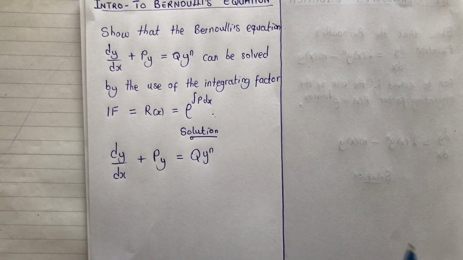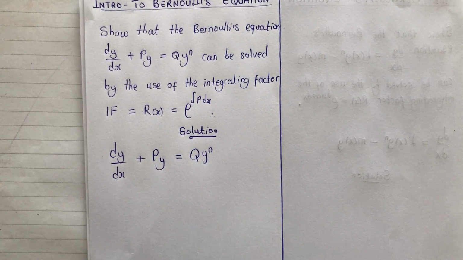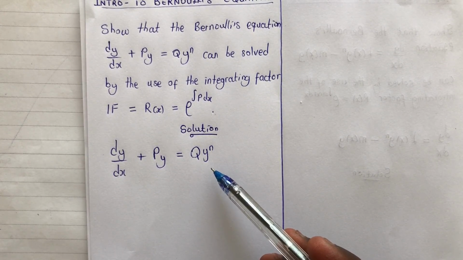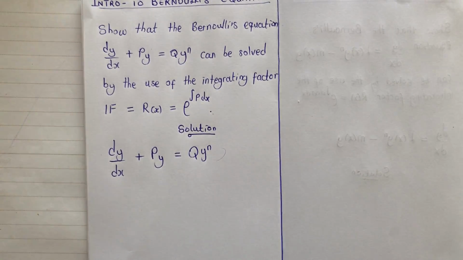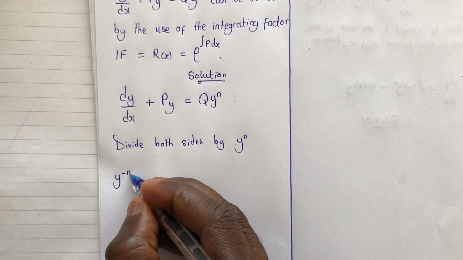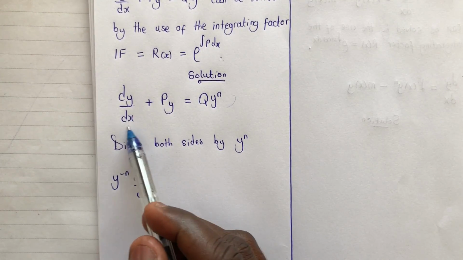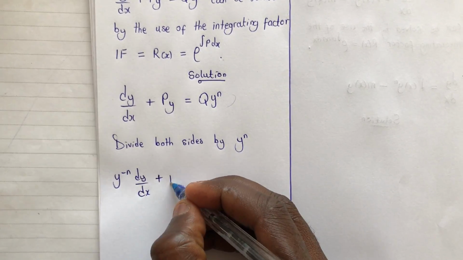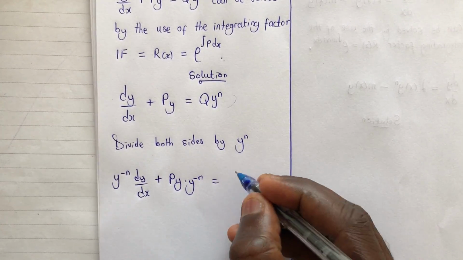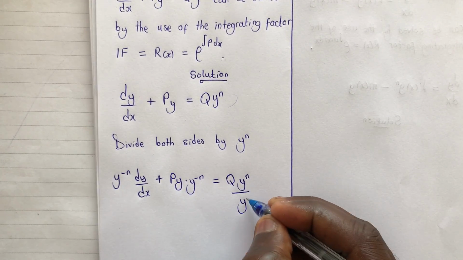Now, looking at the equation dy/dx + Py = Qy^n, the first thing we need to do is to get rid of y to the power n. So first, divide through by y^n. The result becomes y^(-n) dy/dx + Py · y^(-n) = Qy^n divided by y^n.